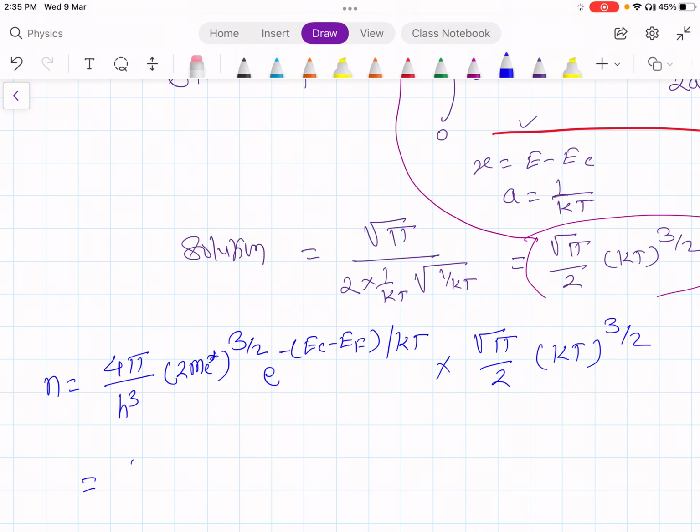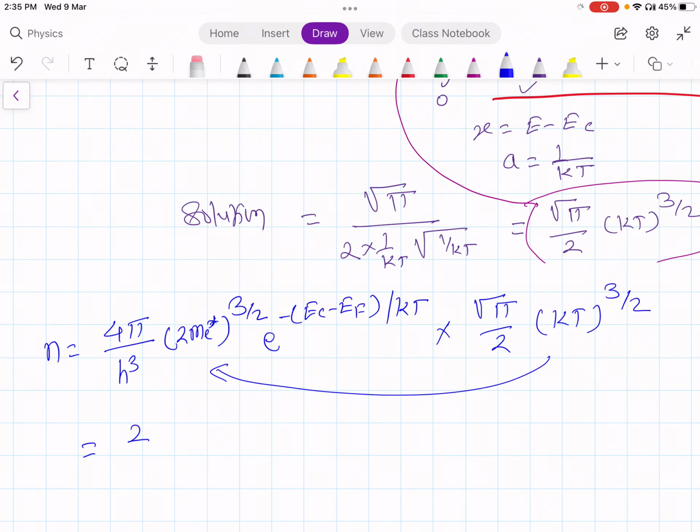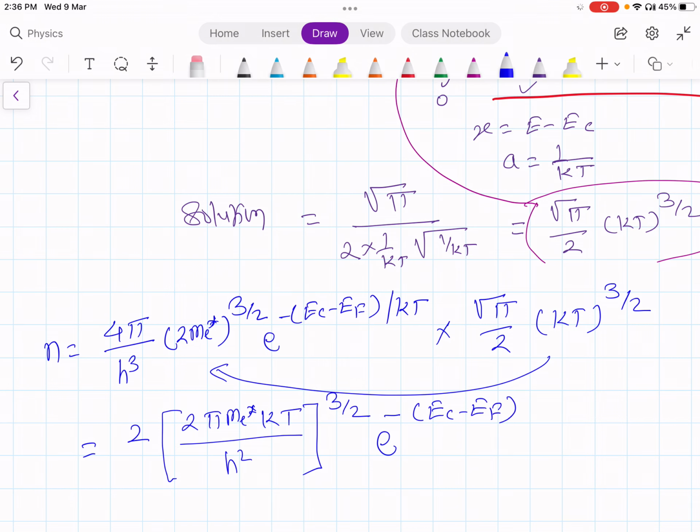To simplify it, I will take this term to this side, and then 2 into (2 pi me star kT upon h square) raised to 3 by 2, then into e raised to minus of (EC minus EF) upon kT as it is.